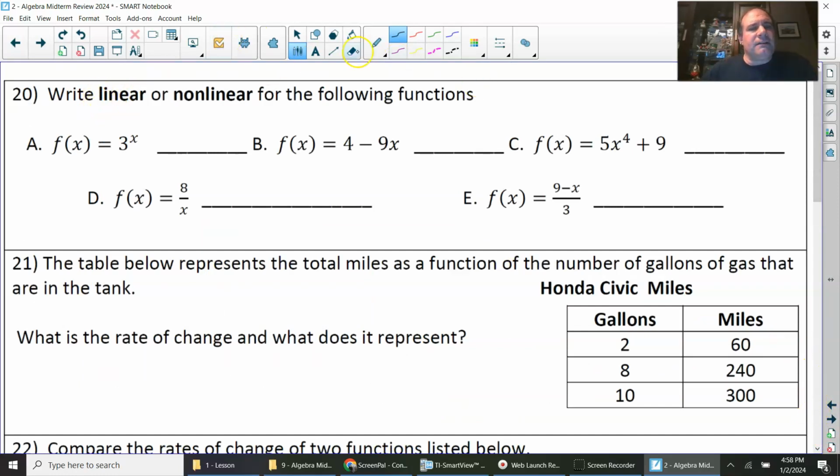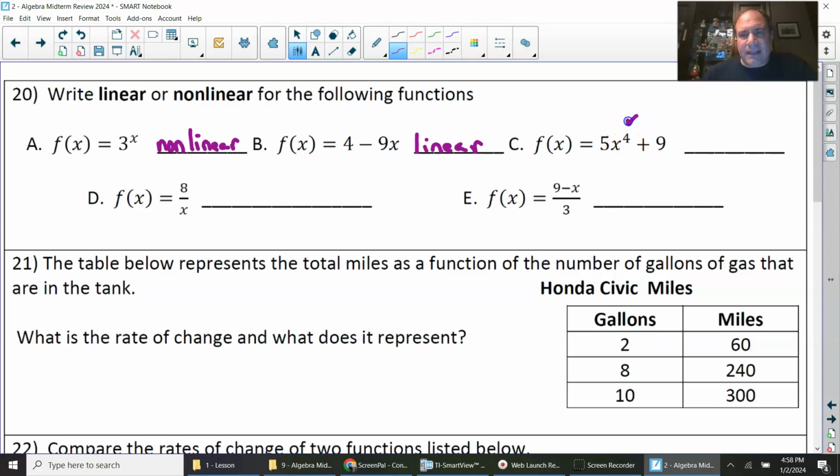It just says write linear or nonlinear for the following functions. Just remember, when you have the exponent as a variable, it is nonlinear. This is y equals mx plus b, so this is linear. The slope is -9 and the y-intercept is 4.